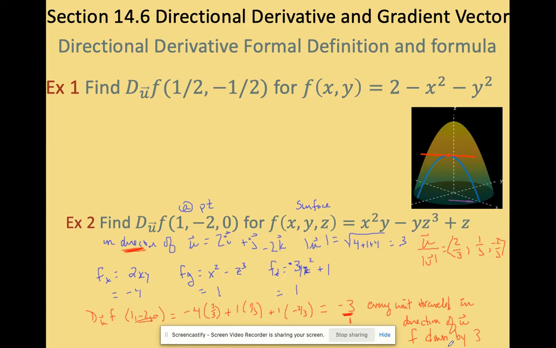You're going down a surface. Directional derivative.